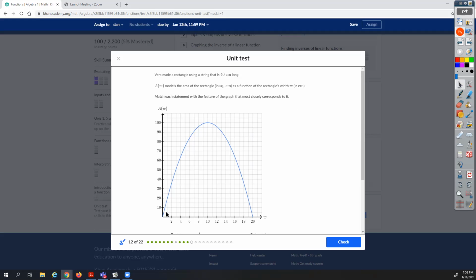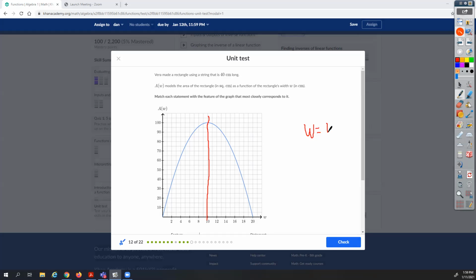So as the width increases, the area increases. But as the width becomes larger, the area gets smaller, okay? So the area, I believe, the maximum value will be here at 10. So the ideal area for this right here is going to be when W is equal to 10.